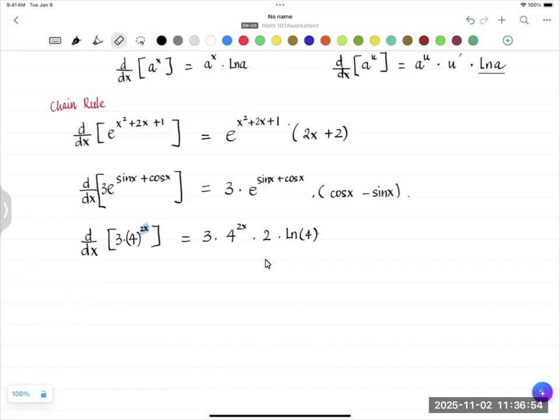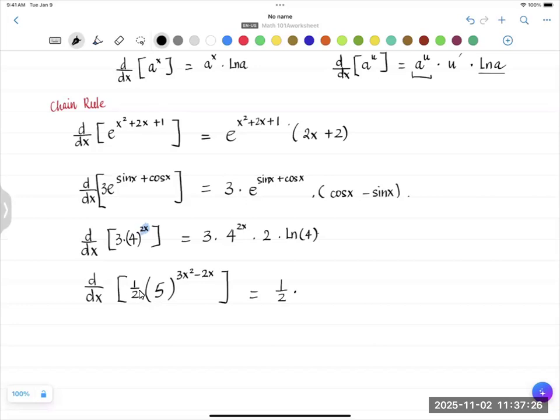So this is the derivative of exponent. Okay, so let's do one more. You have 1/2 of 5 to the power 3x squared minus 2x. This one we do the same thing. We have to verify which one is the base. The base is 5, and u is 3x squared minus 2x. 1/2 is just a constant coefficient, so it stays the same.